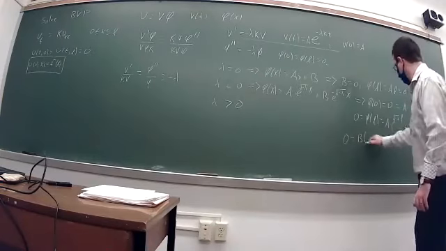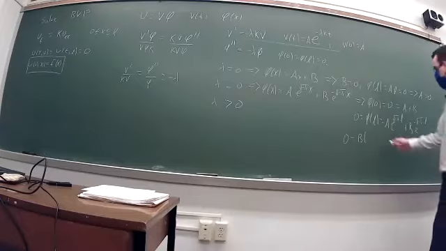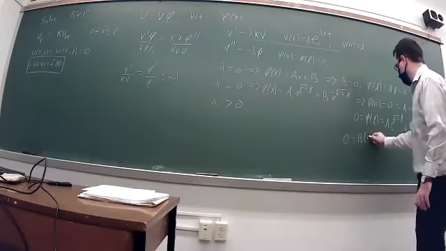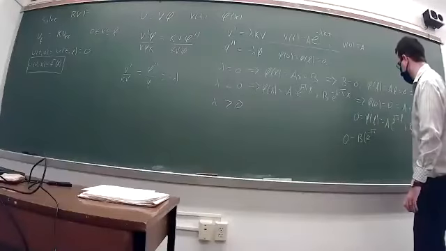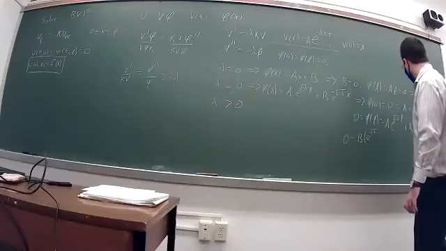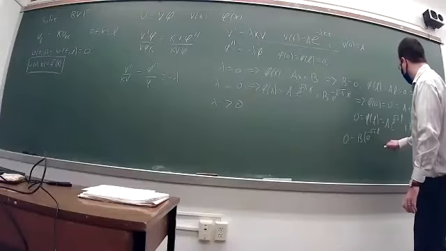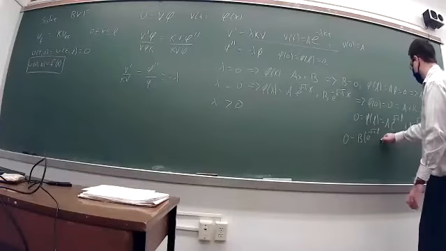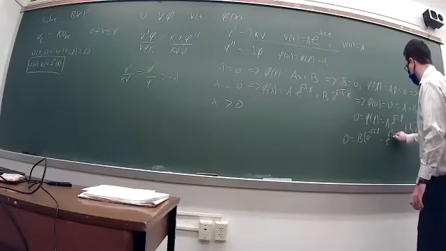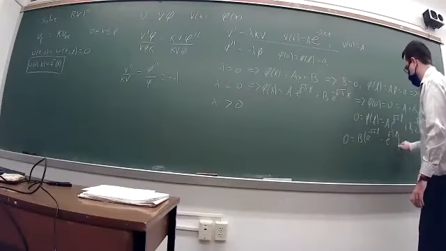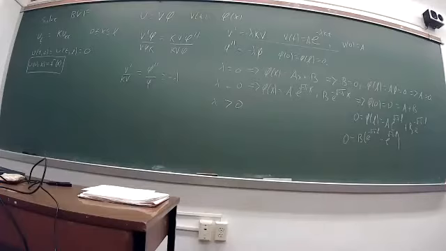Like B, so negative B, and then factor it out, and then you're left with e to the minus root minus lambda times L, and then maybe minus e to the root minus lambda times L. And so this is sort of like a contradiction proof.